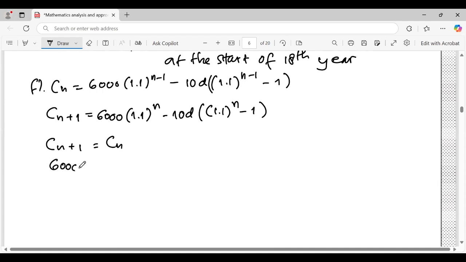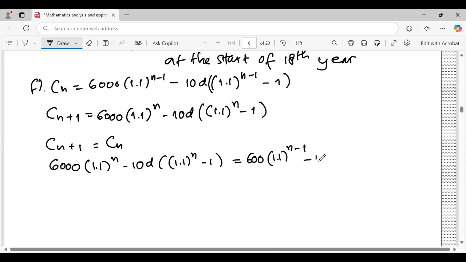So 6,000 times 1.1 power n minus 10D times 1.1 power n minus 1 equals Cn, which is 6,000 times 1.1 power n minus 1 minus 10D times 1.1 power n minus 1 minus 1.